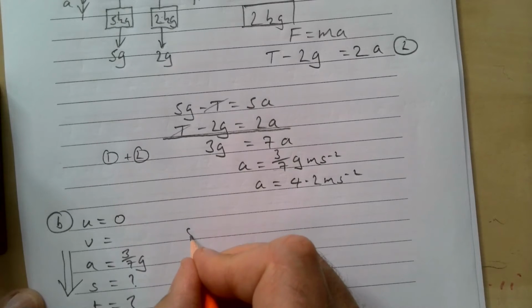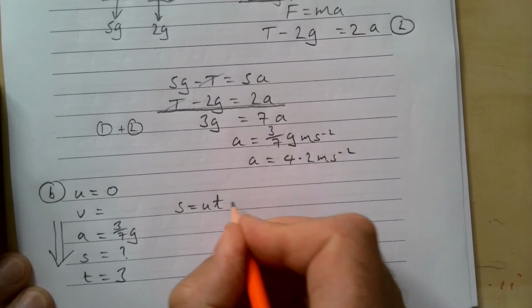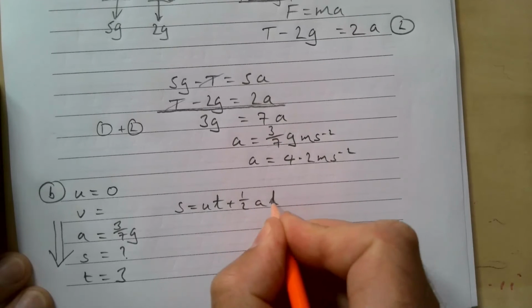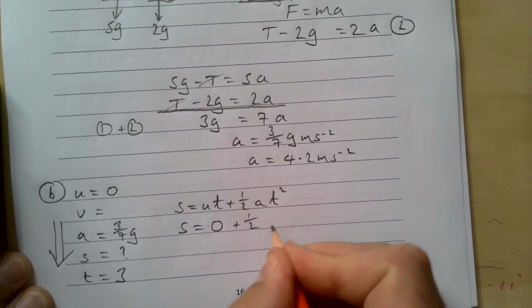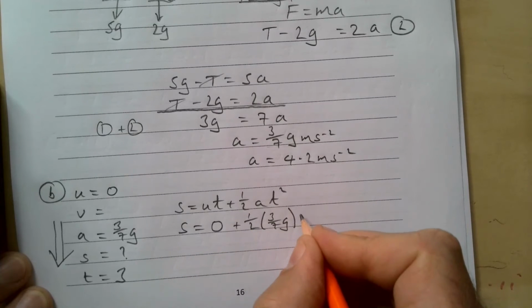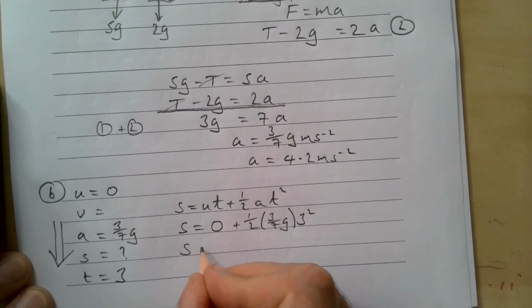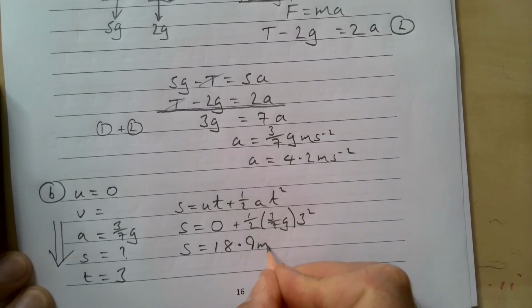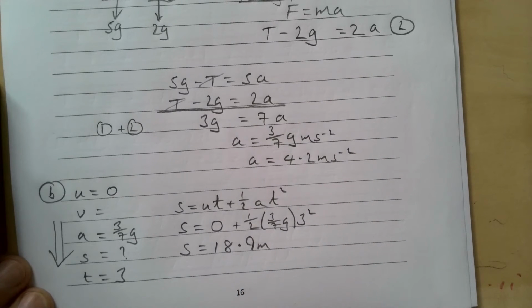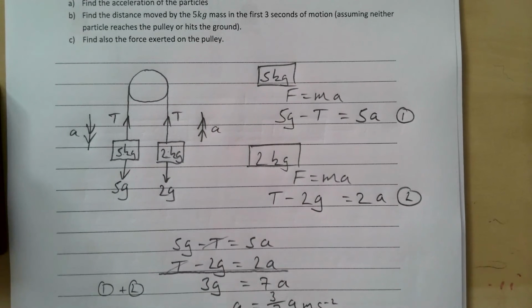So we're going to use S equals ut plus a half a t squared. U is 0, which is handy, so it's a half times 3/7 g times 3 squared. If you put that into your calculator and tidy it up to 3 significant figures, you should get 18.9 metres.